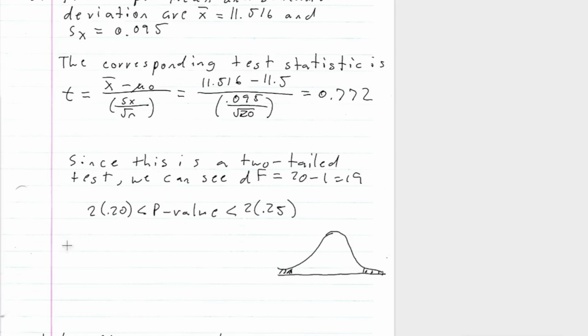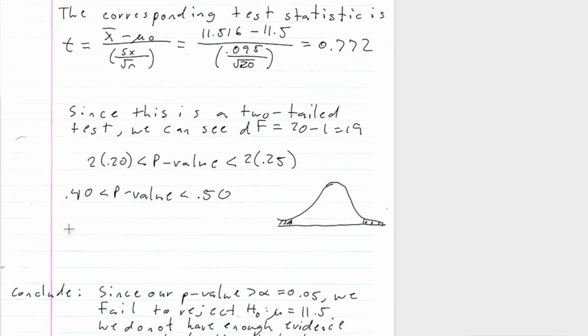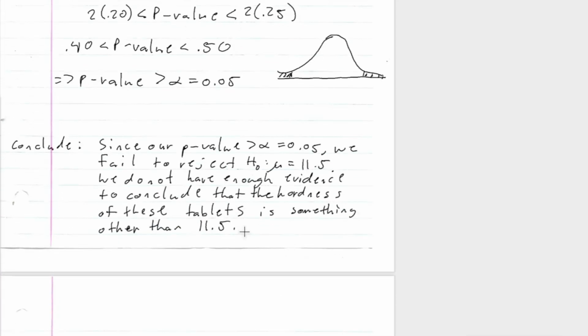So this means that the p-value is between 0.40 and 0.50, which implies that the p-value is bigger than alpha, which is 0.05, by a long shot, right? So since our p-value is bigger than alpha, we fail to reject H naught because it's not in our rejection region. So we do not have enough evidence to conclude that the hardness of these tablets is something other than 11.5.